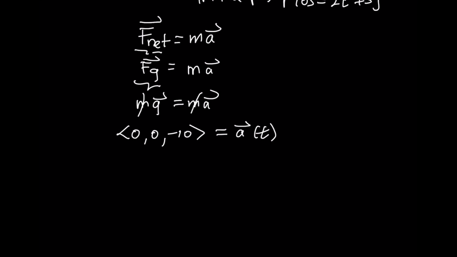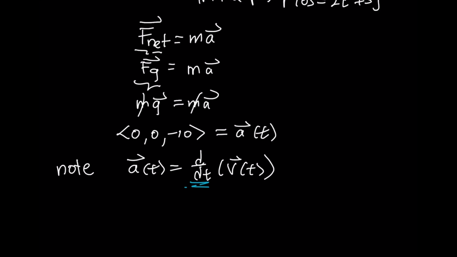The definition of acceleration is that it's the derivative of velocity. So if I'm looking for a velocity, I need to undo this derivative operation using the inverse operation, which is anti-differentiation, and this tells me how to calculate the velocity.